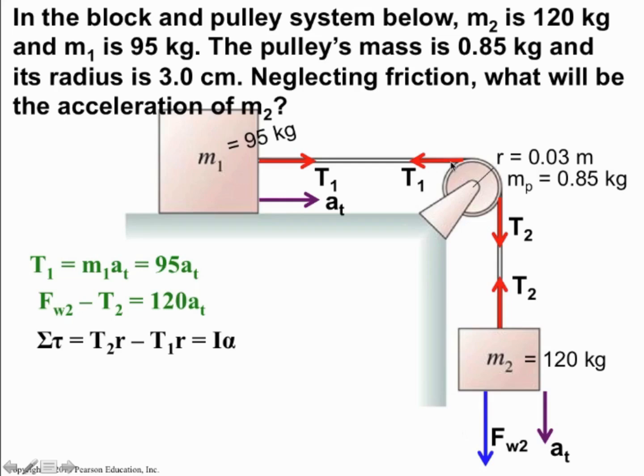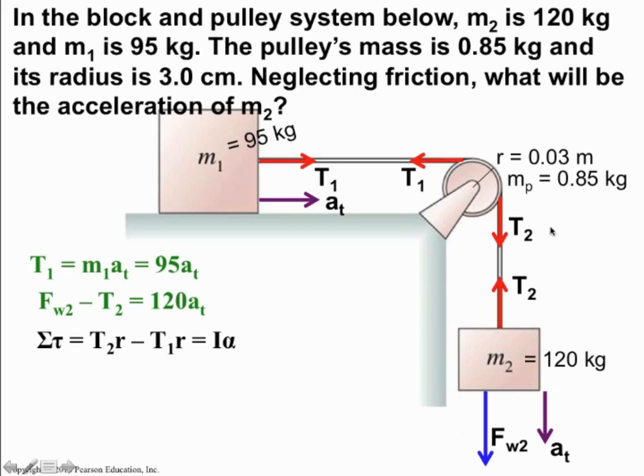Yes, I know that the overall motion of the pulley is clockwise, but there's still a torque that we have to account for, caused by T1, which is also a tangential force. And T1 is going in the direction opposite to T2. So we know that T2 is greater than T1, and here's how we know it. If T1 were greater than T2, then the pulley would be going the other way, and that's impossible.